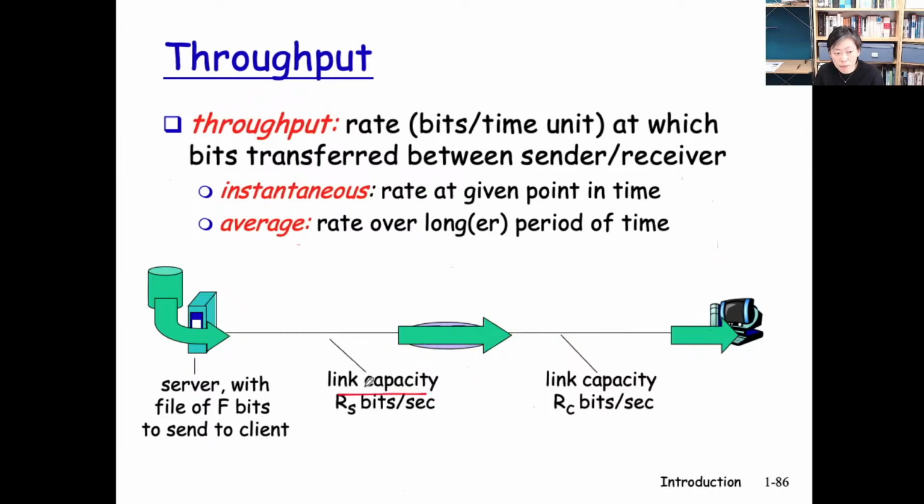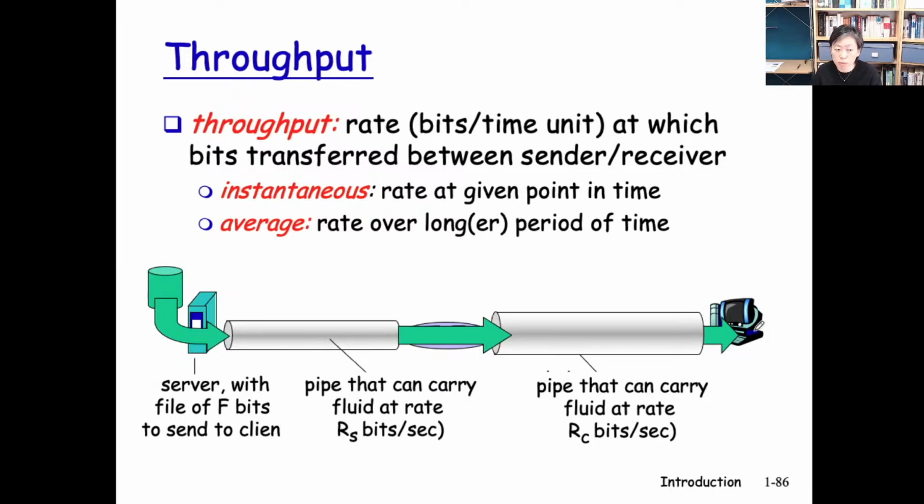The link capacity for the link directly adjacent to the server is R_S, where S indicates it's the link to the server. And this link has the link capacity of R_C, where C indicates this is the link rate for the link connecting to the client. Now, let's consider such a data pipeline as a fluid pipeline, a water pipeline.